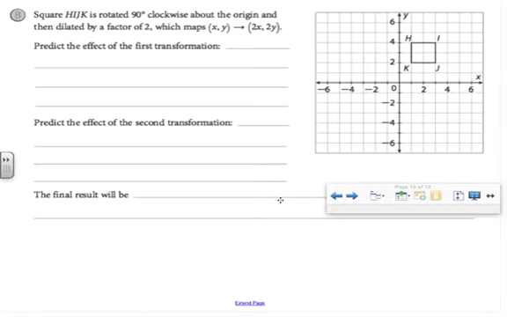So square HIJK is rotated 90 degrees clockwise about the origin and then dilated by a factor of 2, and they've given a rule for that. Okay, so the effect of the first transformation is that HIJK will be mapped into quadrant 2.